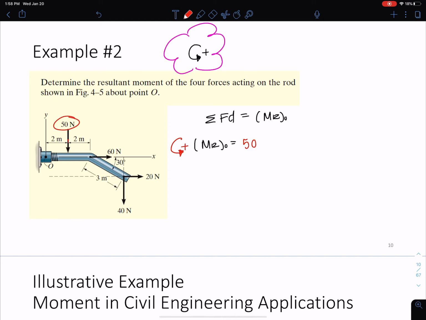So about point O, it's going to be traveling like this. This is clockwise. Because I'm assuming counterclockwise is positive, this is going to have a negative in front of it. Now, what is my moment arm distance from the 50 to the point O? It's 2 meters. And I'm done with that one. Now I need to move on to the 60.